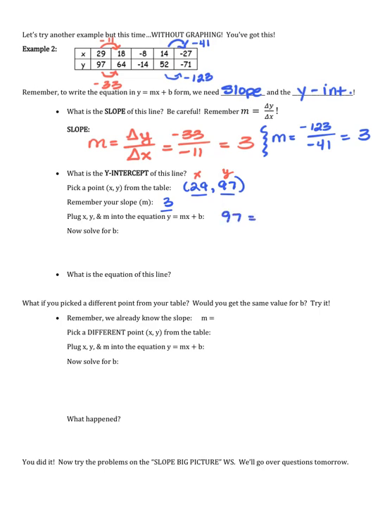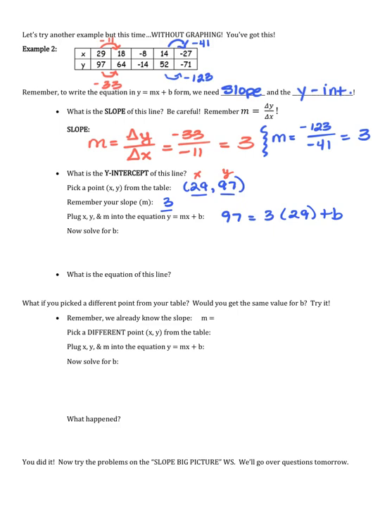97 is equal to the slope 3 times x, which is 29, plus b. Be careful when you're plugging things into the equation. The y comes first in the equation, but it's the second number listed in the coordinate. Make sure you're paying attention to what you're plugging in for y and in for x.